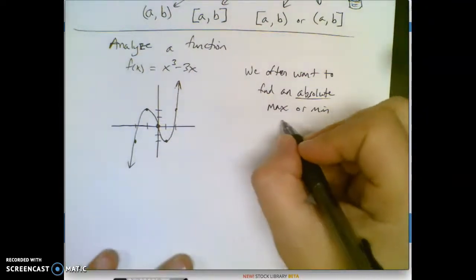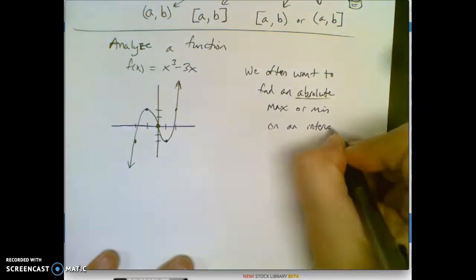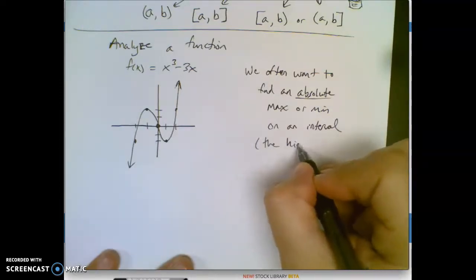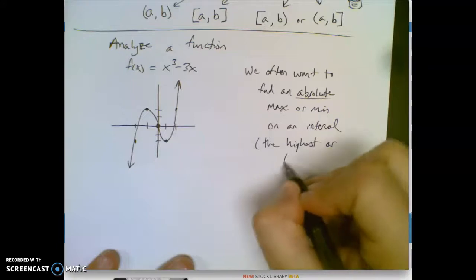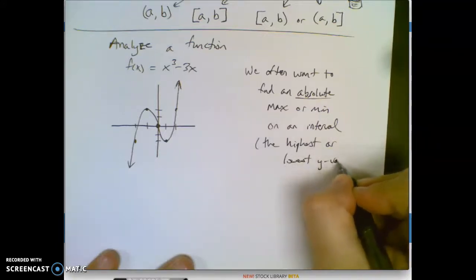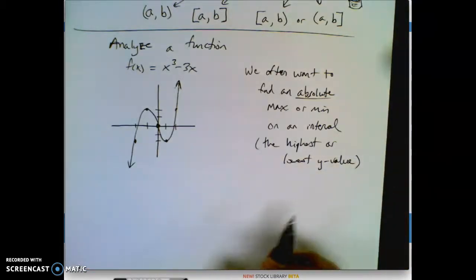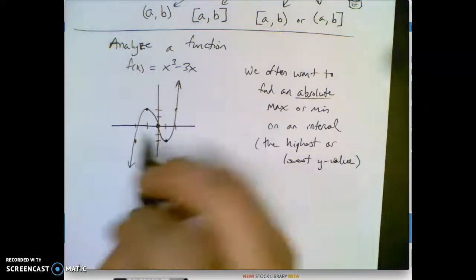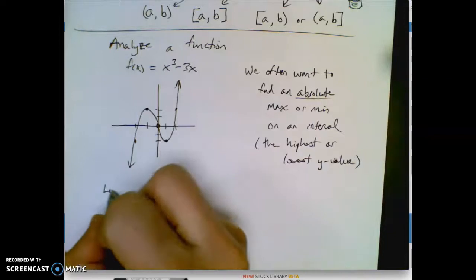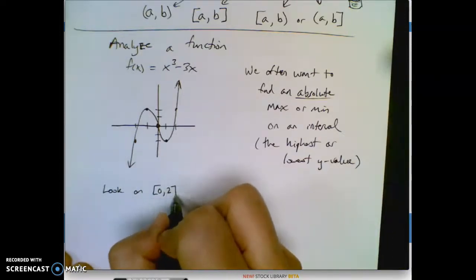But if I wanted the absolute max or min on an interval, that would be the highest or lowest y value on the interval. So how about instead of looking at the whole graph, we looked at this graph on the interval from 0 to 2, including the endpoint.